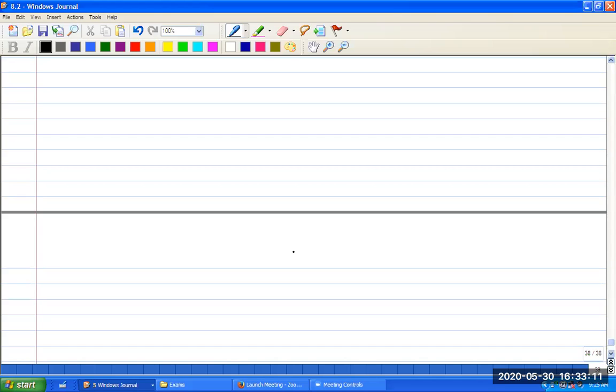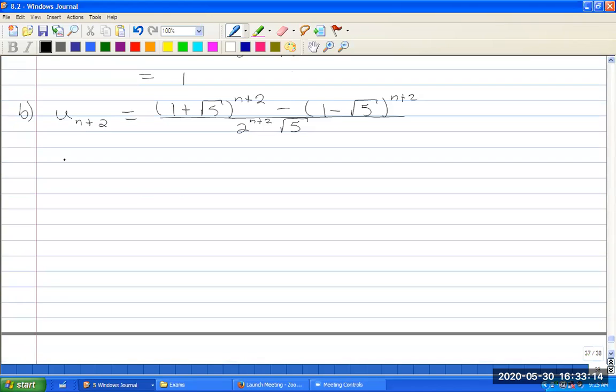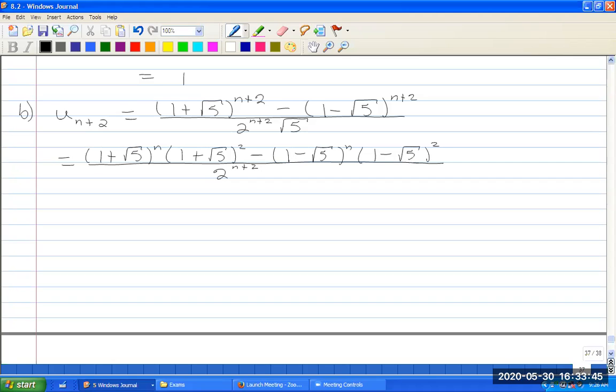So this is equal to (1 plus rad 5) to the n times (1 plus rad 5) squared, minus (1 minus rad 5) to the n times (1 minus rad 5) squared, all over 2 to the power n plus 2 rad 5.